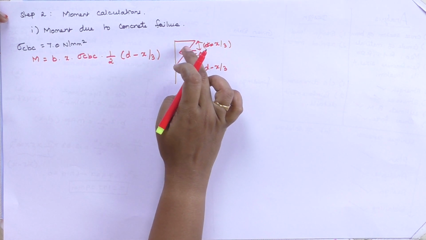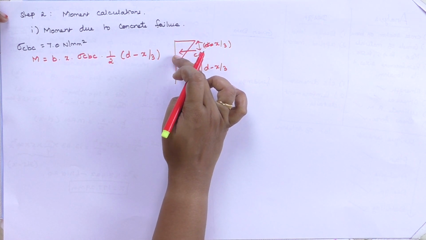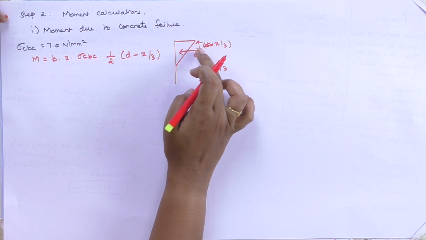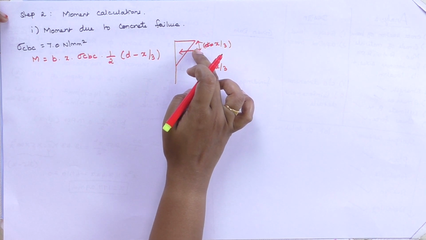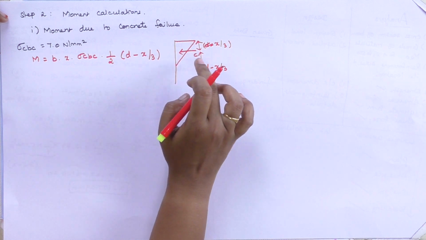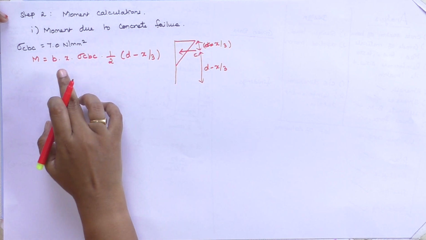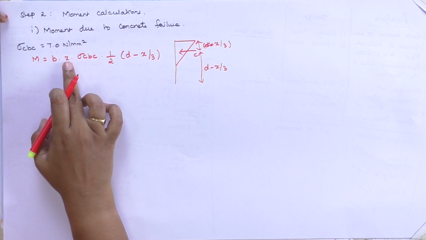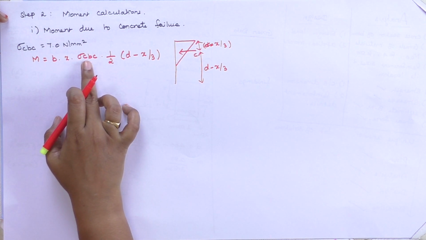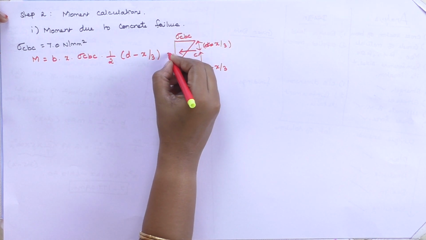Moment is that when it is subjected to concrete failure, this load into the distance, load is nothing but the concrete force here C. C is equal to the area of triangle, half into base into the height, half base x sigma CBC value. This is sigma CBC, this is x.